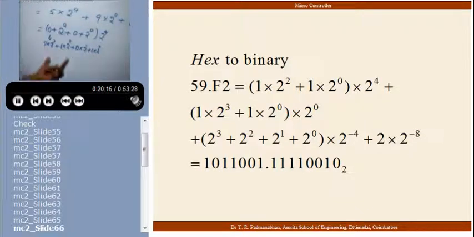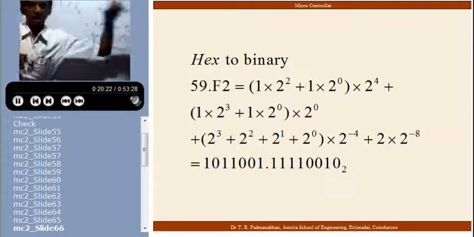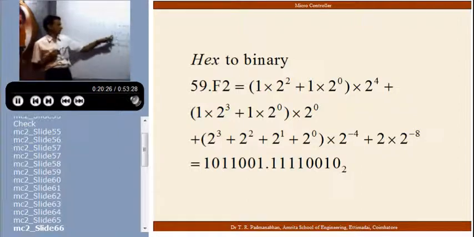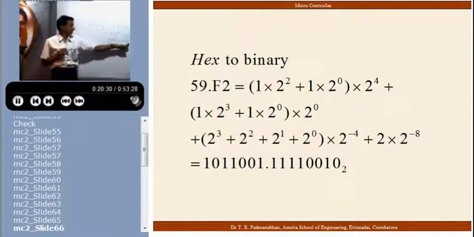This number 5 I convert into binary form, and then everything directly into binary form: 5 in binary form, 9 in binary form.